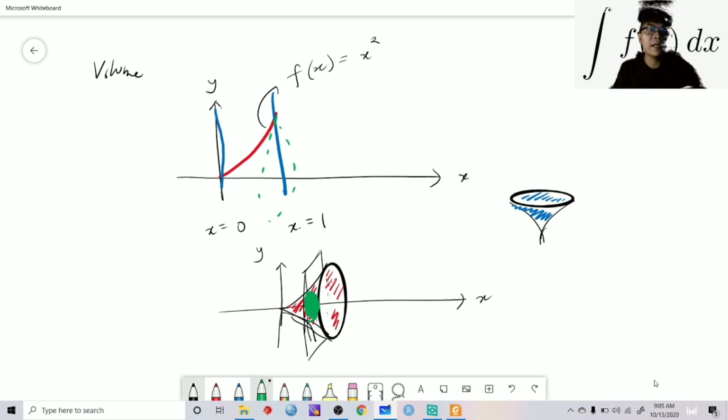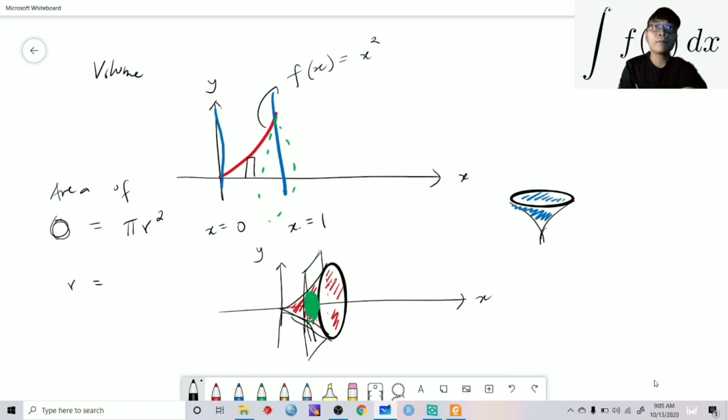So we all know that the area of a circle is equal to pi r squared. So our r in this figure would be the function x squared. So we have f of x, which is x squared.